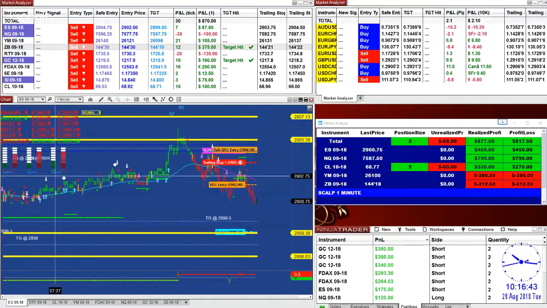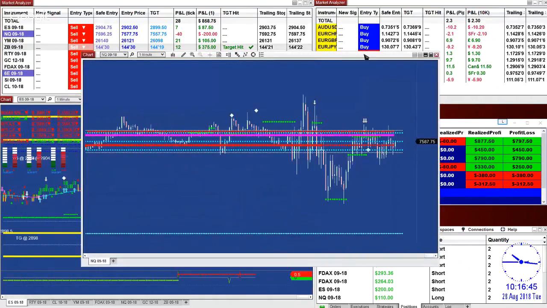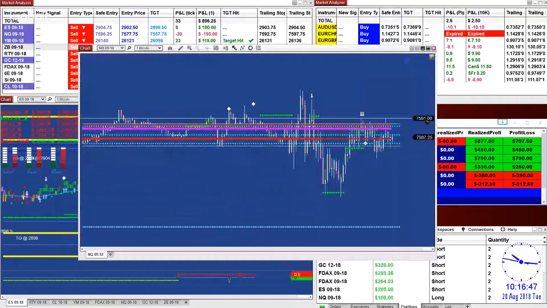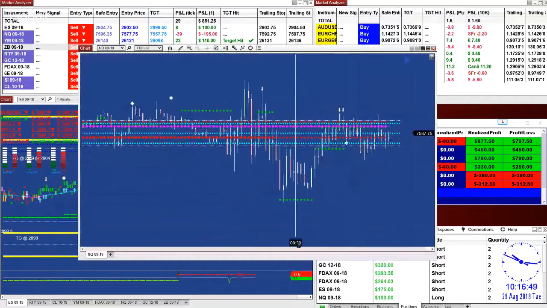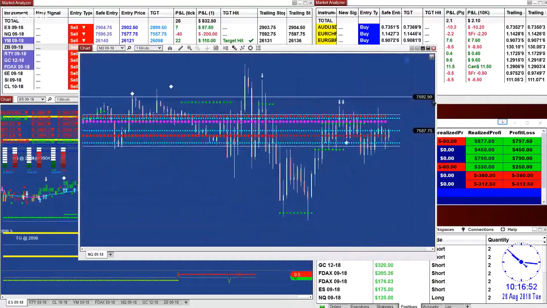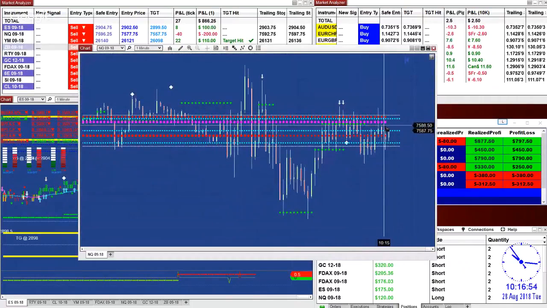I really cannot read that, because if we look at the Nasdaq, it's a different story. The Nasdaq is in extreme chop, and good luck trading the Nasdaq today.